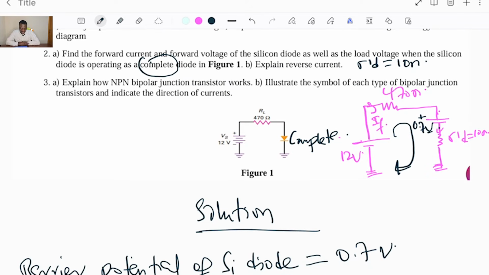Now going to the next question, which is to explain how an NPN bipolar junction transistor works. This is similar to what was given to the first group A, but this time you have to explain how an NPN bipolar junction transistor works. When we have an NPN bipolar junction transistor, it means that we have two N regions and one P region.